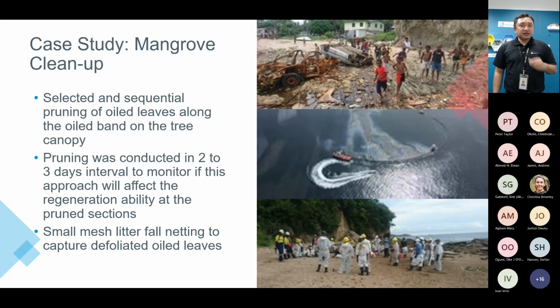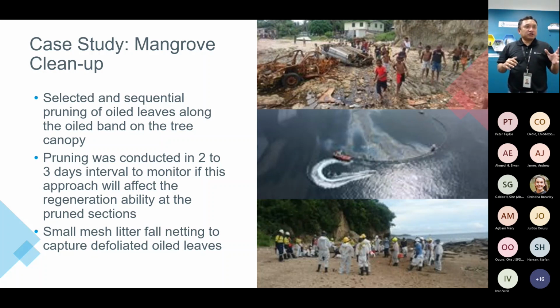Pruning was conducted at 2 to 3 day intervals to monitor if this approach would affect the regeneration ability of the pruned section. So basically, after we prune, we try to monitor what the effect would be on the mangroves, whether it would affect its regeneration ability or whatever. But the point here is making sure that we remove the heavily oiled parts of the mangrove.